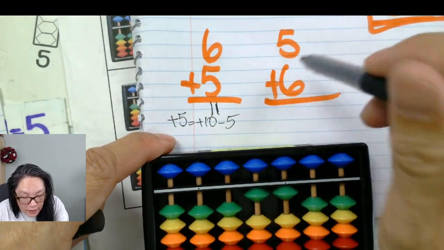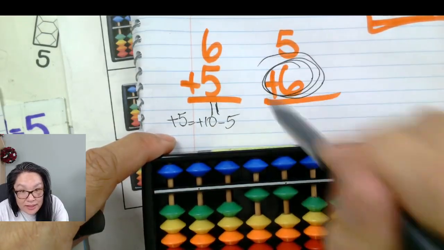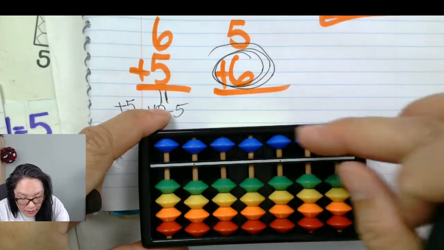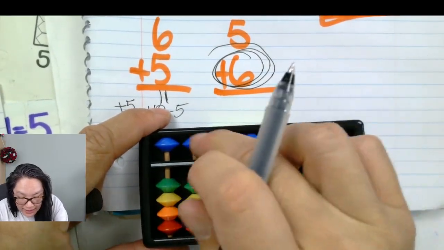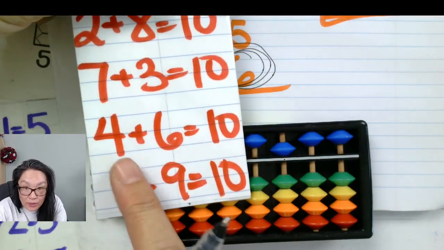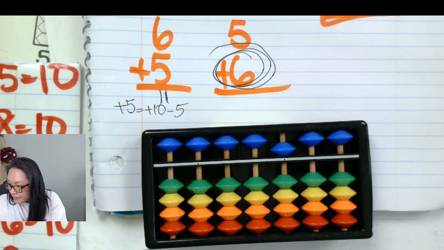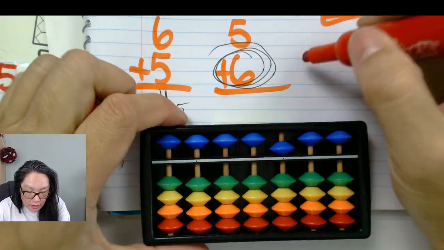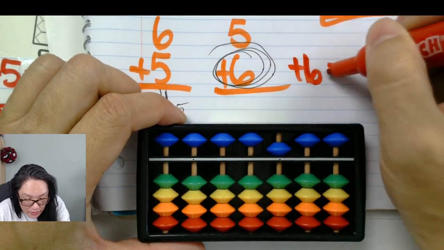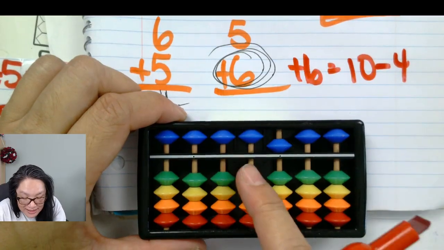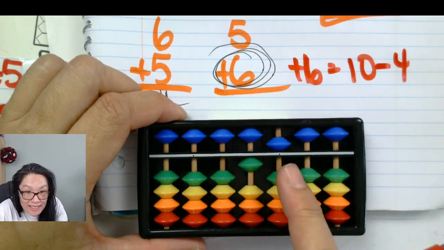Now this is different. It is all about the add-in. We have 5, and now we want to add the 6. Plus the 6 is equal to plus the 10 minus the 4. I'm going to plus the 10, but notice I cannot minus the 4.